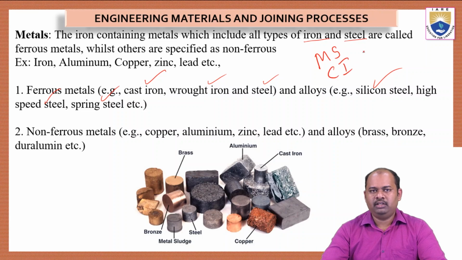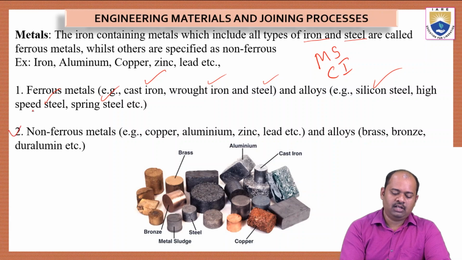Why do we compare only these two? We have many other forms of iron. Even so, we compare mild steel, a ductile material, and cast iron, a brittle material. Both of them are opposite to each other and they work differently under different working and loading conditions.